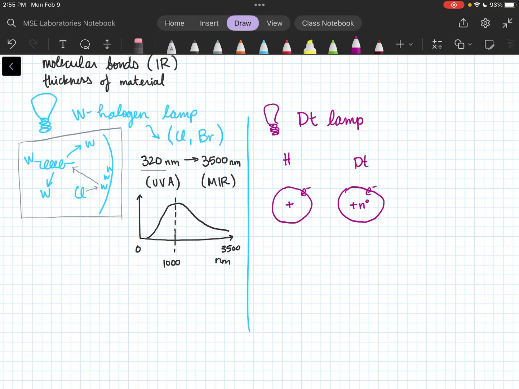Heavy water is its own thing, deuterium is its own thing, but generally like fairly similar in properties to hydrogen. Deuterium lamps have a range typically less, or have a wavelength that they put out smaller than 400 nanometers.